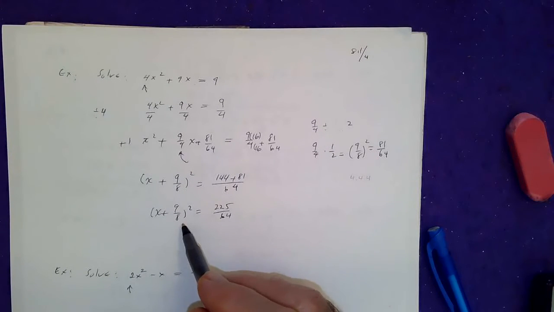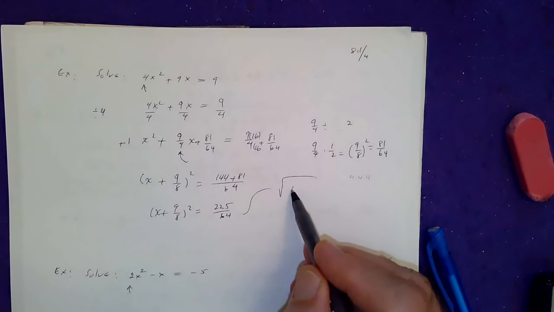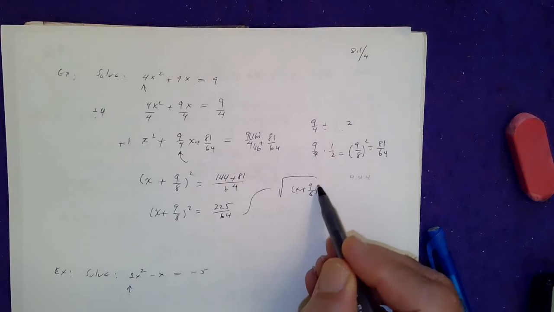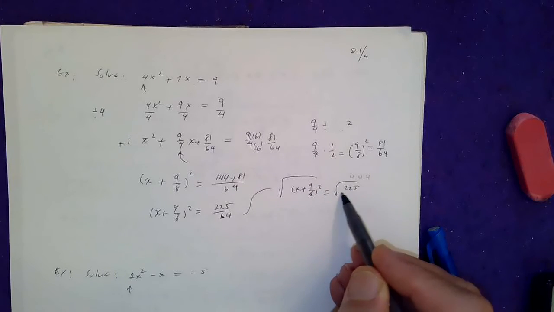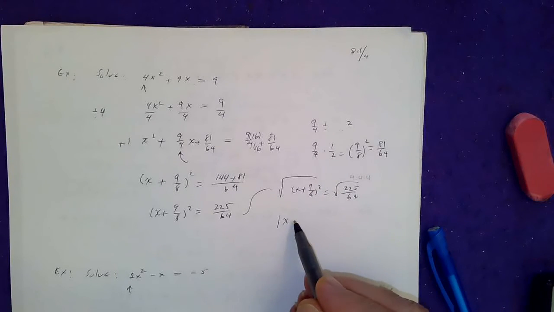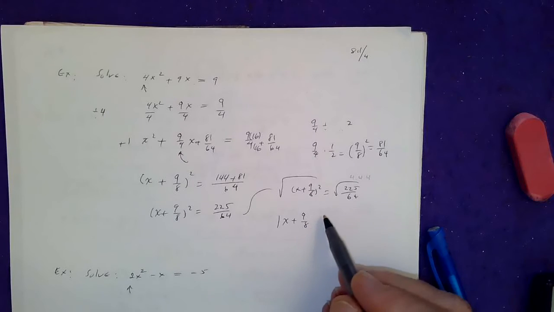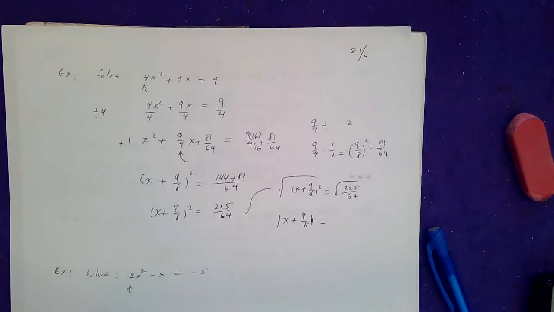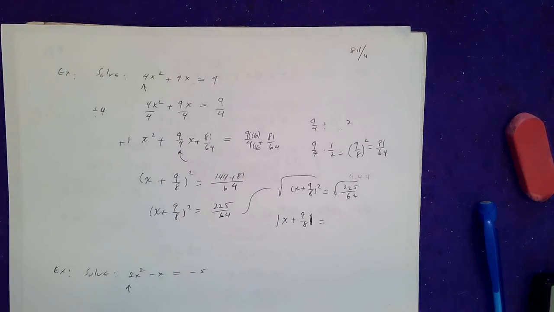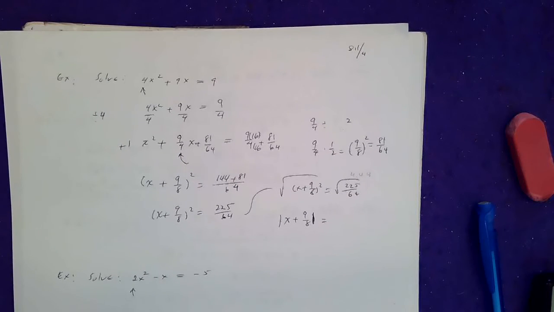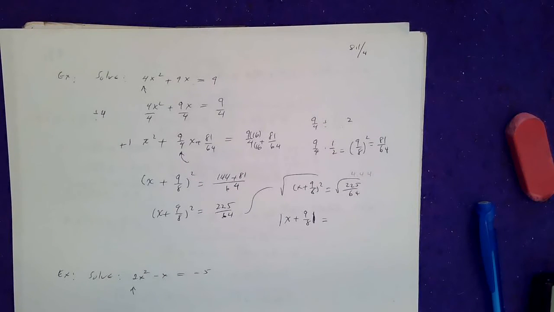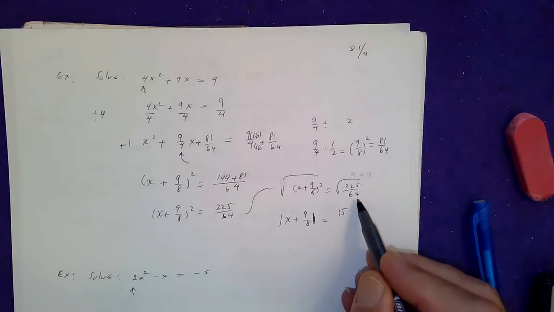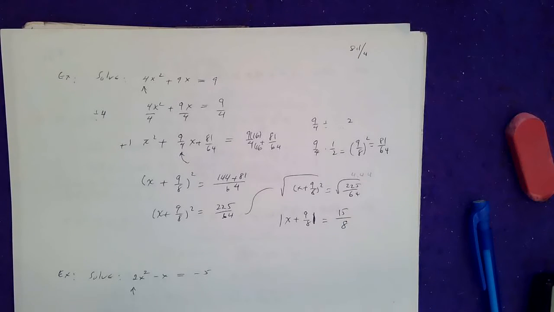So now that you completed the square, the next step is to take the square root of both sides, like so. On the left side, you get x plus 9 over 8, absolute value. On the right side, the square root of 225 is 15, of course, and the square root of 64 is 8.